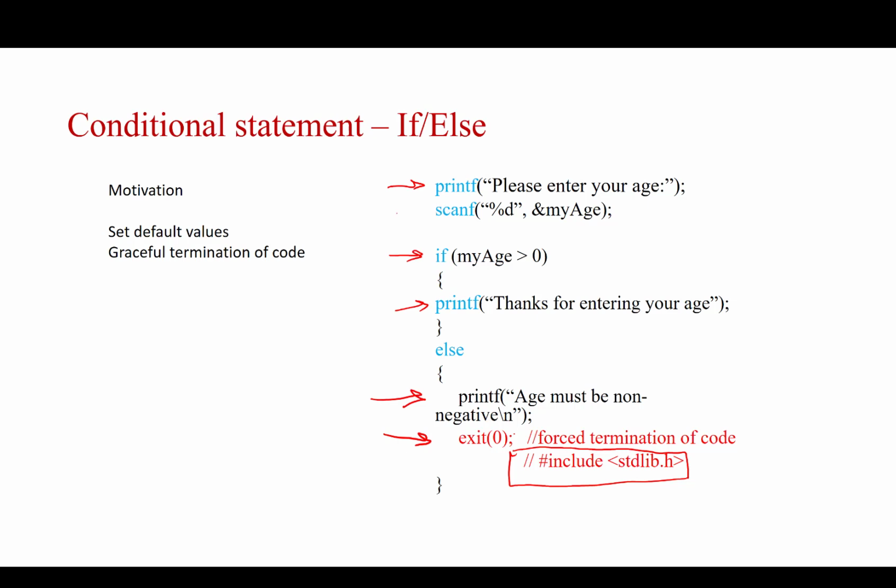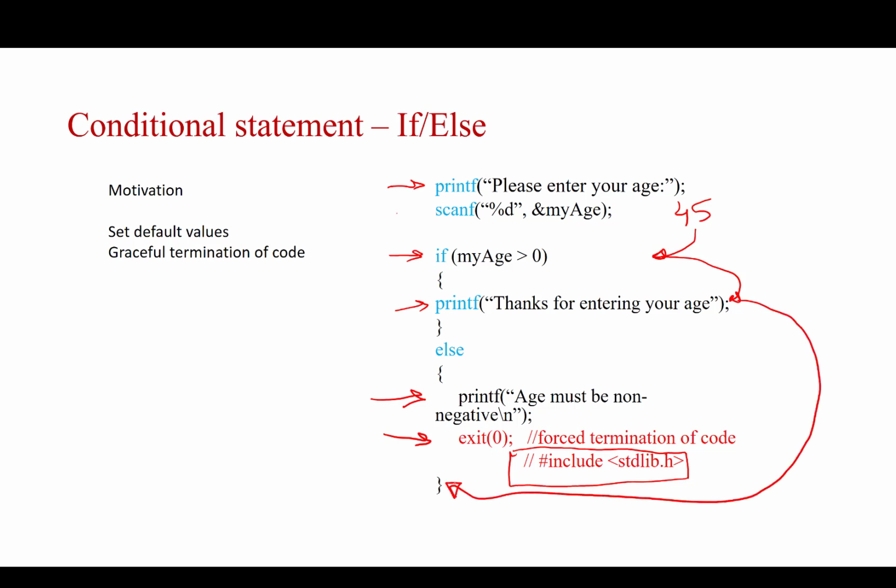Okay, so if you look at this sequence, let's say the user here entered the age 45. The program will be executed as follows. We'll go here, we'll check if 45 is greater than 0, yes, we'll print this one, we'll skip the else because we already have one condition satisfied, and we'll jump here.